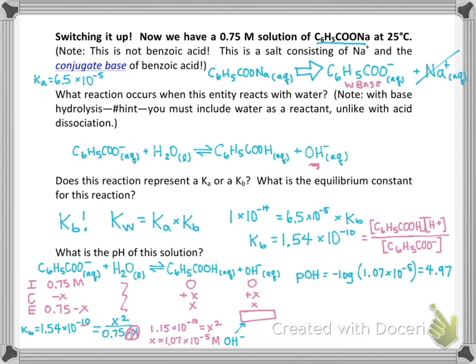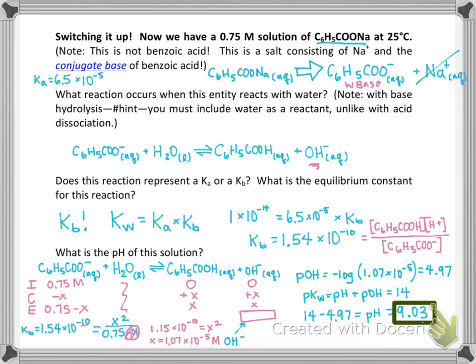And we'll use our relationship with pKw again to say pKw is equal to pH plus pOH. At 25 degrees Celsius, this number is 14. So we can just do 14 minus our 4.97 to get our pH. That pH ends up being 9.03.